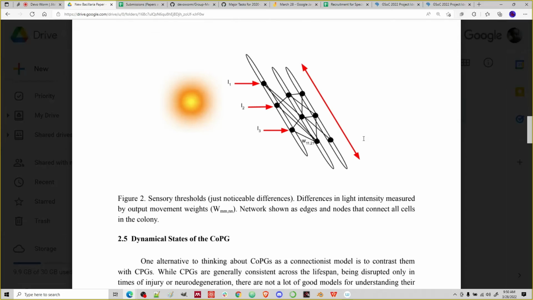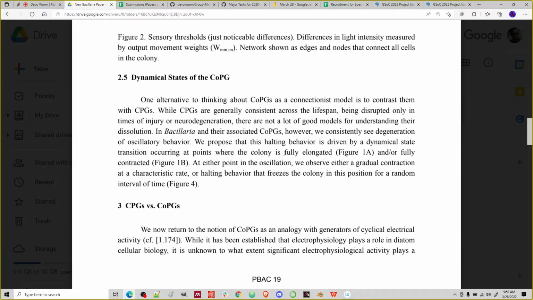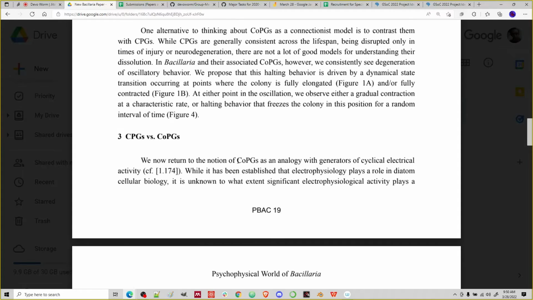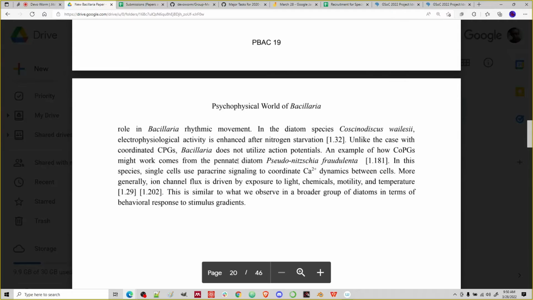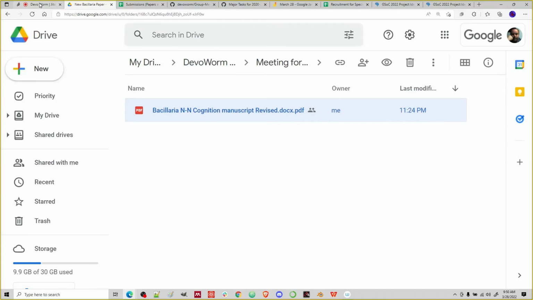If you're thinking about a social insect colony, you might have availability of food or maybe some stimulus like water or heat or something like that, and it might have an effect. So this is something that is kind of introduced in this paper, but something that might be something to follow up on. And so that's all I wanted to talk about with respect to that paper.